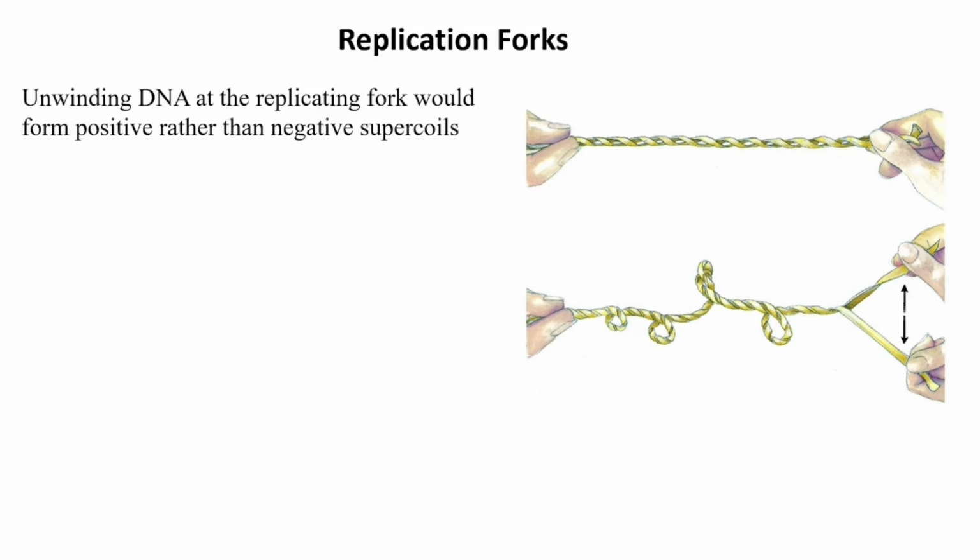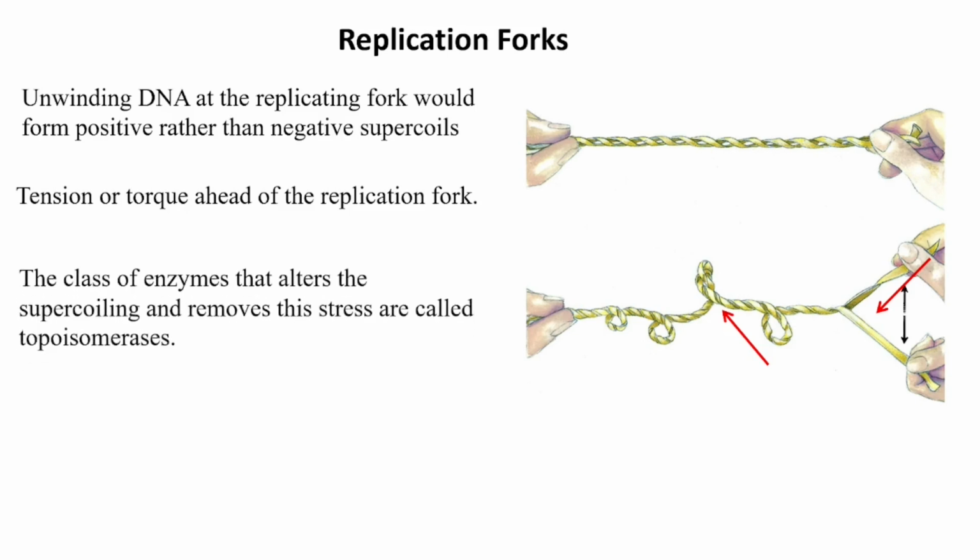That is because replication permanently unwinds one region of the DNA without nicking it, forcing the rest of the DNA to become overwound and therefore positively supercoiled to compensate. This leads to a tension or a torque ahead of the replication fork. Unless this tension or torque is released, the replication forks cannot move ahead.